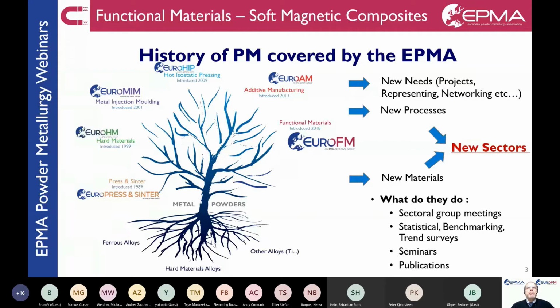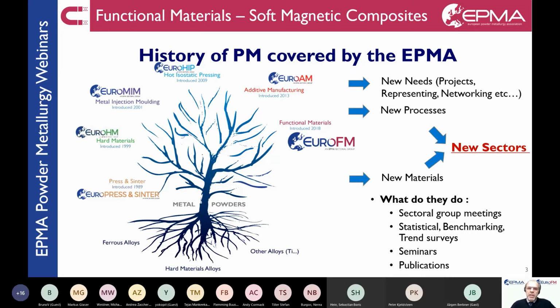And EuroFM is actually the youngest group in this family. You can see all the groups there. They organize group meetings, but also seminars like the webinar we're in today, and we do surveys and publish publications for promotion of the technologies.